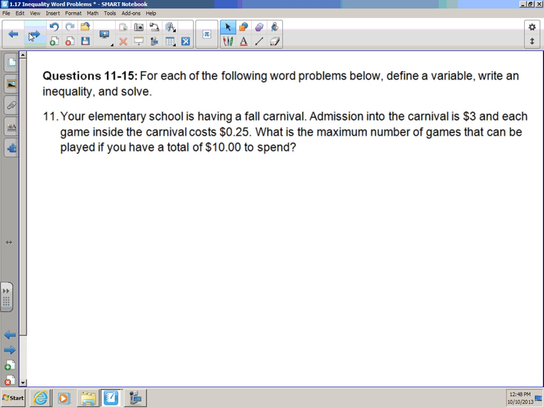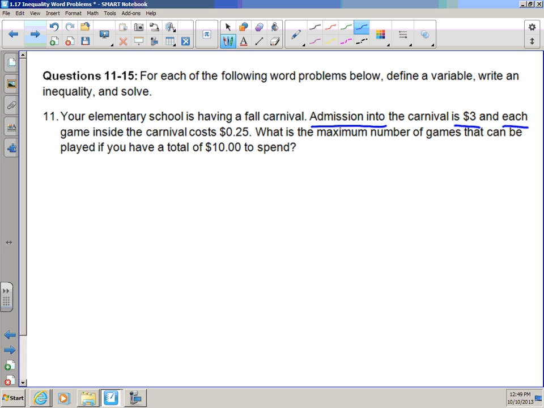Now, in setting up these word problems, you have to follow certain steps to be able to get full credit. A recommendation is to underline the keywords. Your elementary school is having a fall carnival. Nice piece of information, but not necessary to solve anything. Admission is $3.